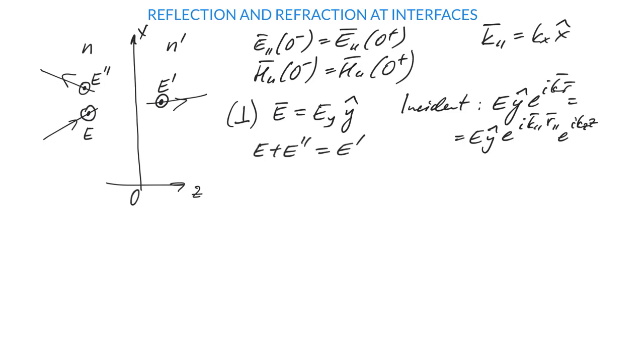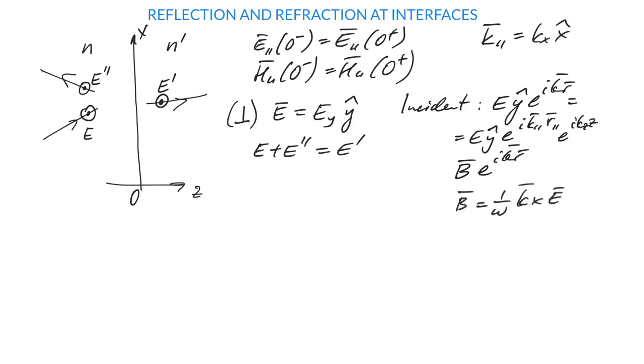Well, here we recall that the magnetic field, so B, in the same wave, is related to E through the curl equation, which tells us that B is equal to 1 over omega k cross E, where E is this amplitude here, E times y.